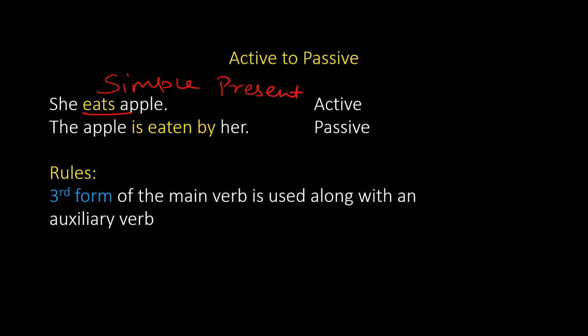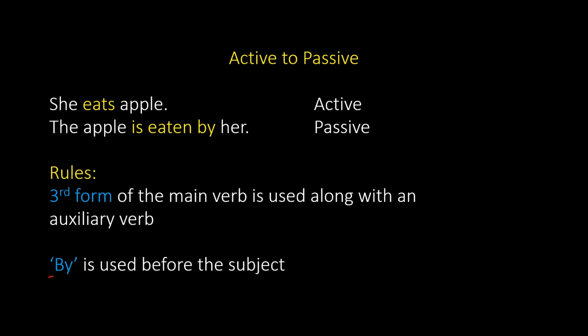When I converted the sentence to passive voice, I used the third form of the main verb, and an auxiliary verb is added to the main verb. Rule number 2, we have used by before the subject. By is a preposition here which is always used before the subject. Please note that you cannot place by anywhere else apart from before the subject.